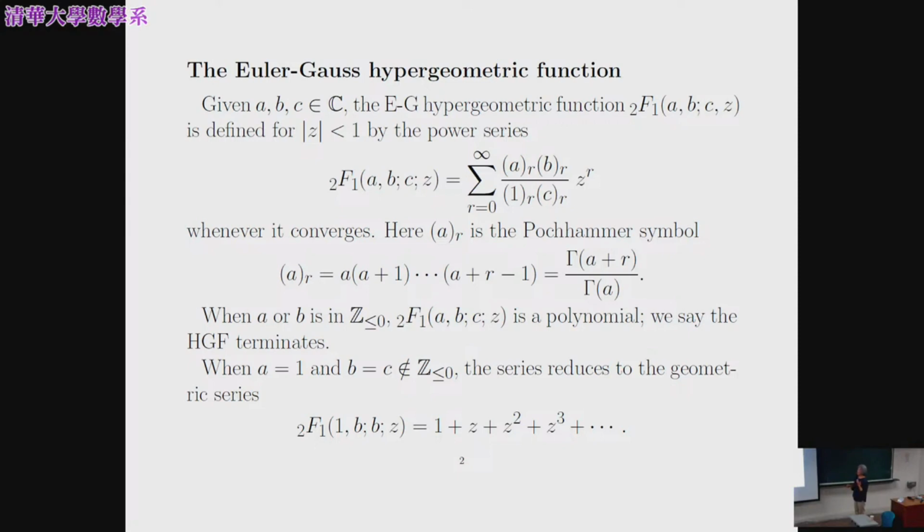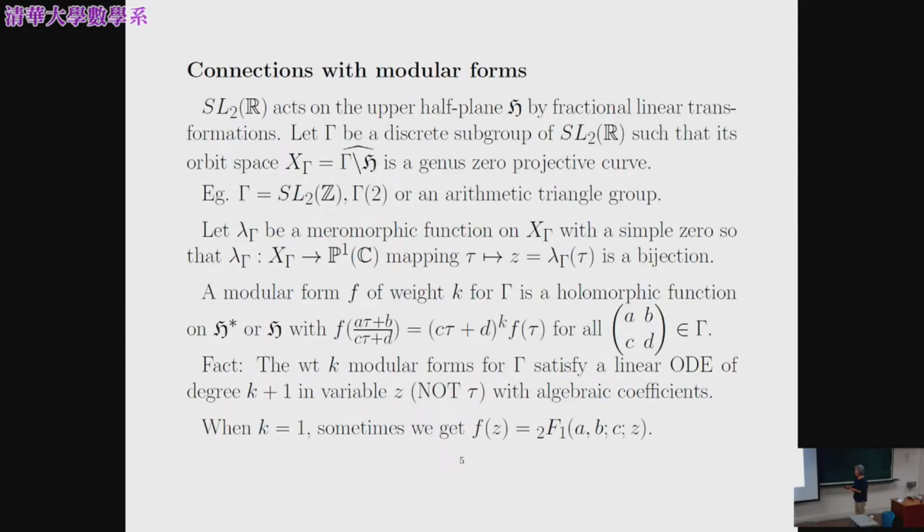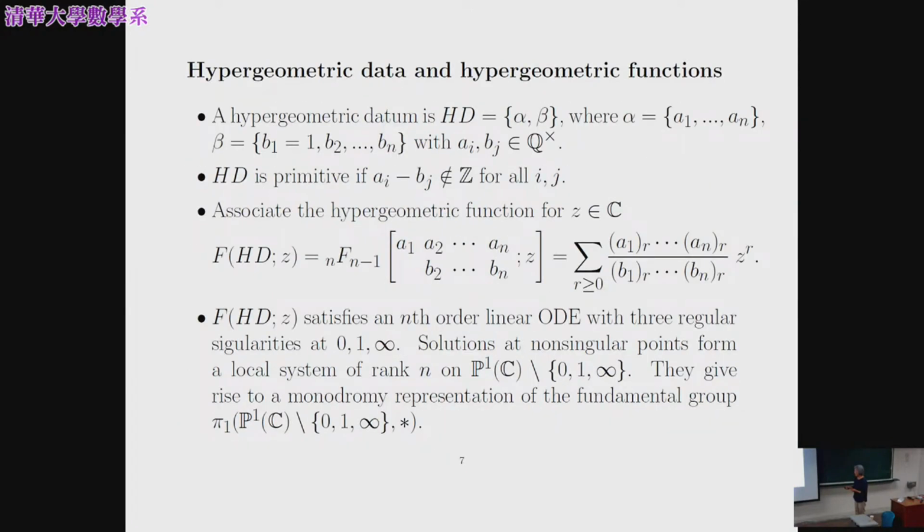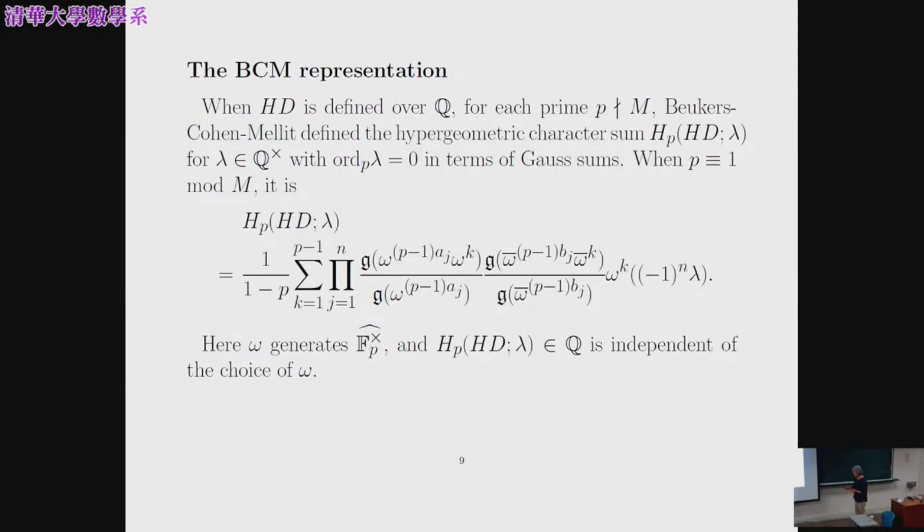The finite field analog of the gamma function is the Gauss sum. And this a plus r and the a in the analog become the exponents here. So this a_j is that a, and this k is the replacement of a plus k. The bottom is a, so the quotient of gamma. And the b part lies in the denominator.